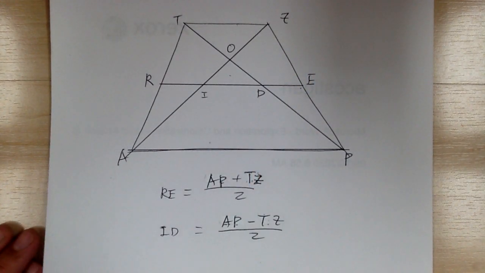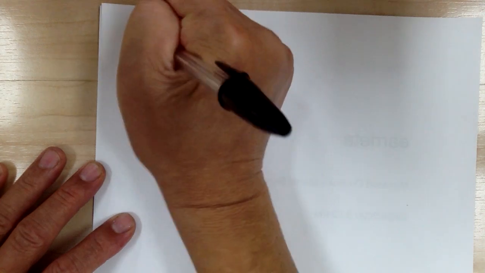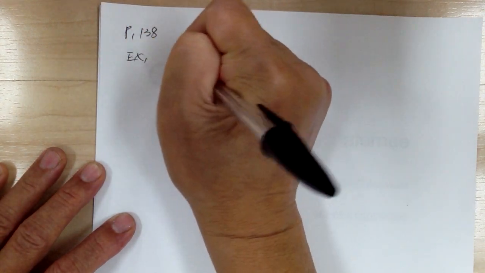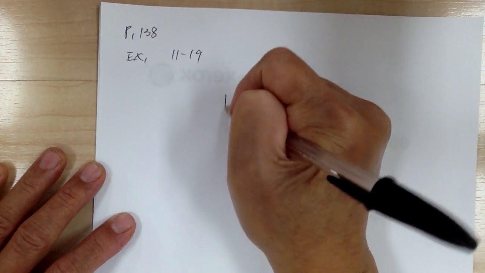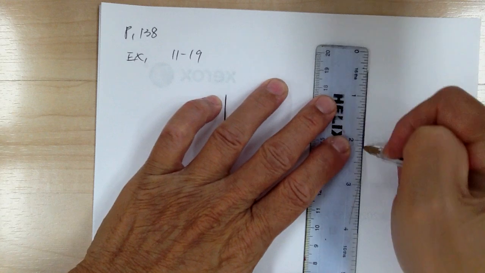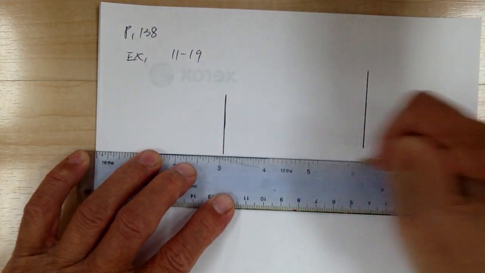Okay. Now for exercise 11-19, this kind of problem also shows up very often in the computation. Normally it comes in the form of 2 poles and have crossing wire on the 2 poles.